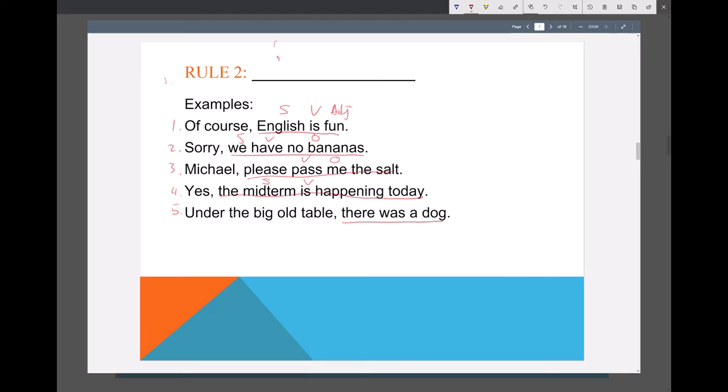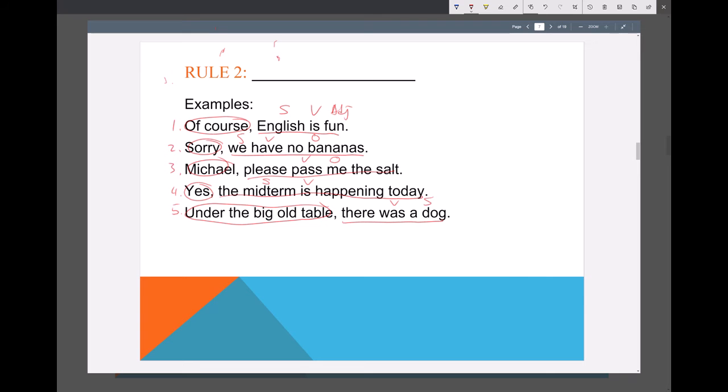Good. Another independent clause. There was a dog. So they have a verb and the subject. So the words before it are actually introduction words. So, of course, sorry, Michael, yes, and under the table.